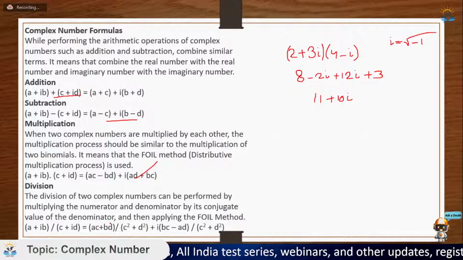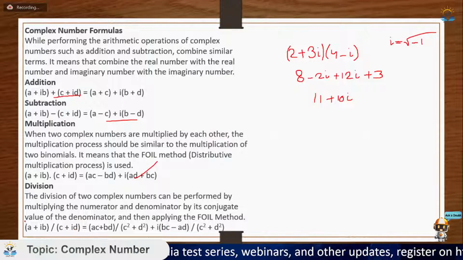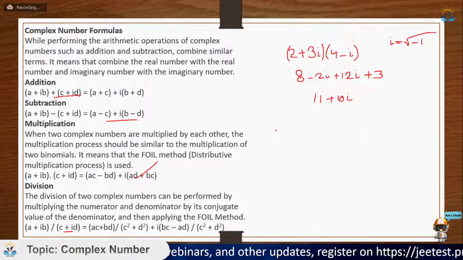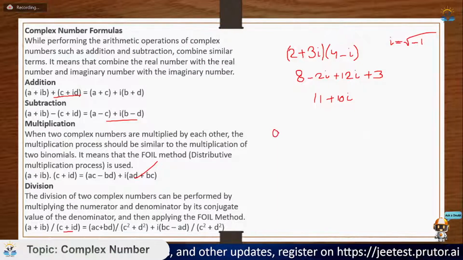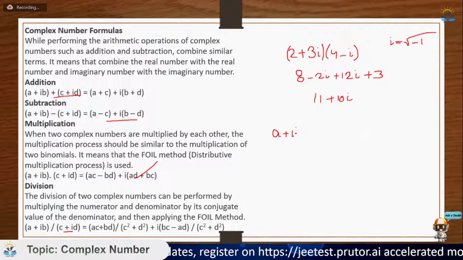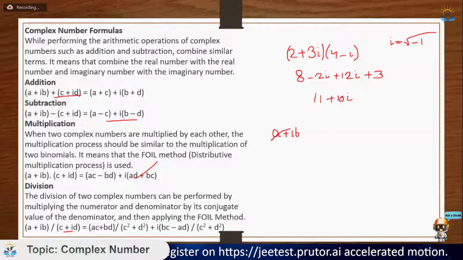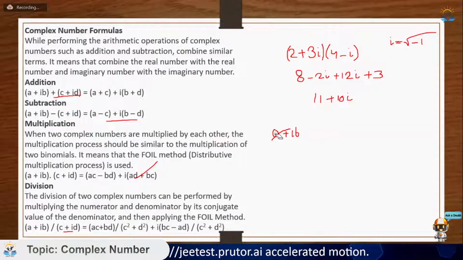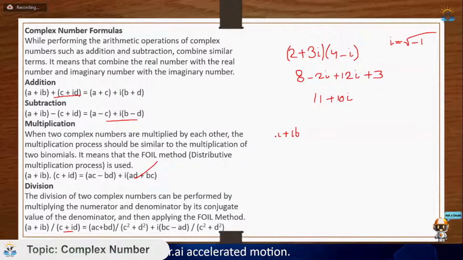For dividing, what you will do? You will basically multiply the complex number with the conjugate of the denominator. That is, a plus iota b upon c plus iota d.